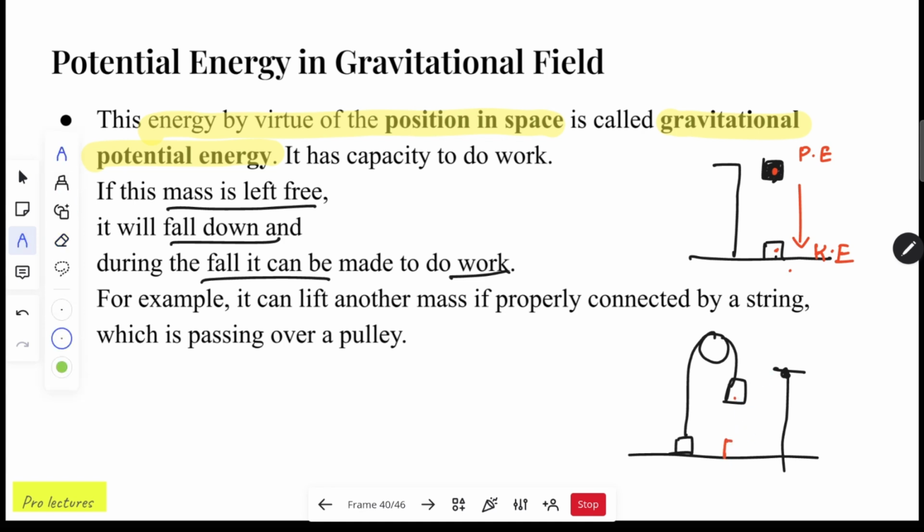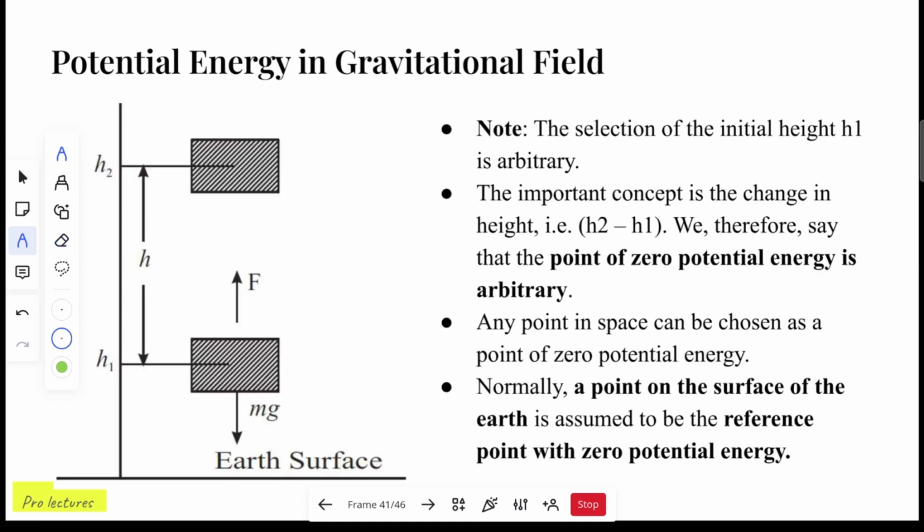This object will come down due to the gravitational force, and this object will go up. So it can lift another mass if properly connected to a string or a pulley. This mass, to do work, had some energy, and that energy is potential energy because it is at the height h.